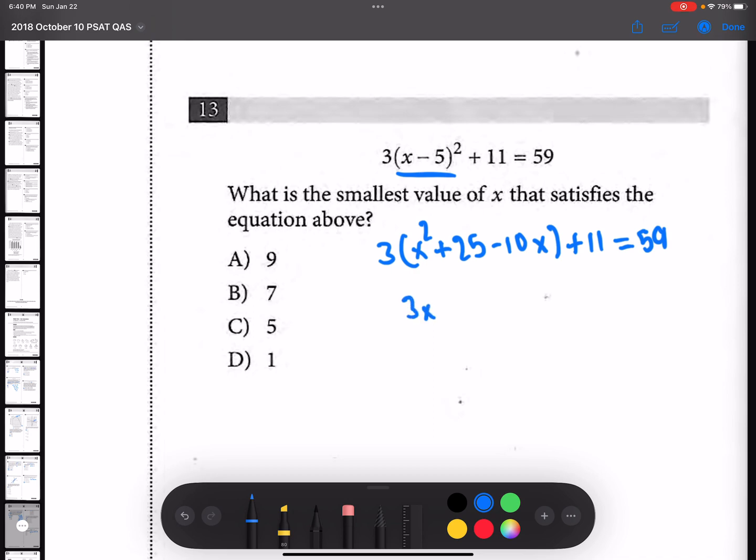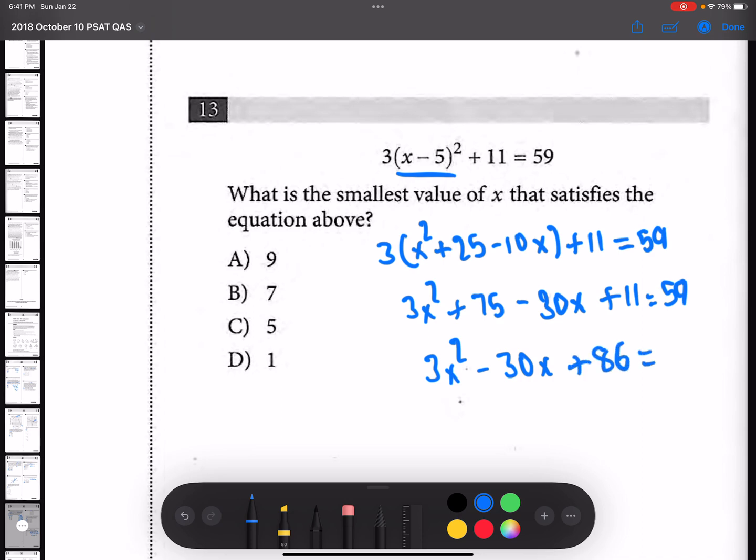So 3x squared plus 75 minus 30x plus 11 is equal to 59. So that means 3x squared minus 30x, so plus 86 is equal to 59. That means that 3x squared minus 30x, we can take 86 to the other side. That'll give us negative 27.